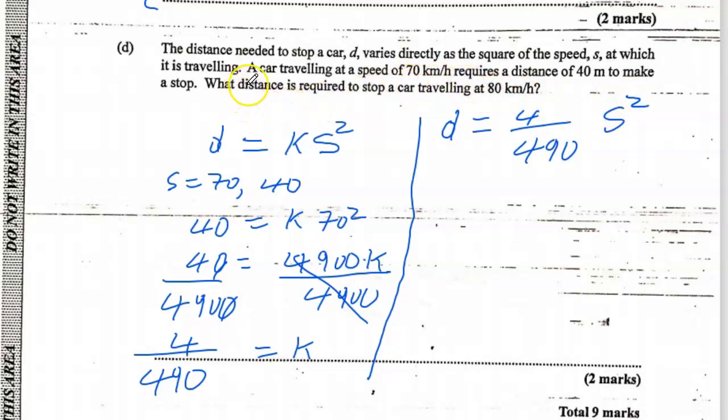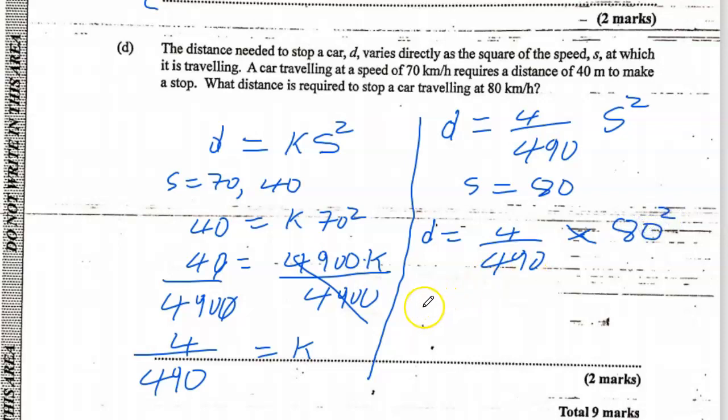Now we are asked, what distance is required to stop a car traveling at 80? They give us the speed is 80, and they ask us for the value of d, the distance. So d equals 4 upon 490 times 80 squared. Alright, let's do the calculation now.